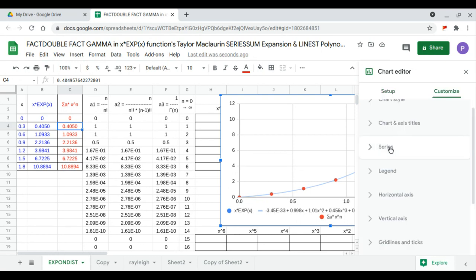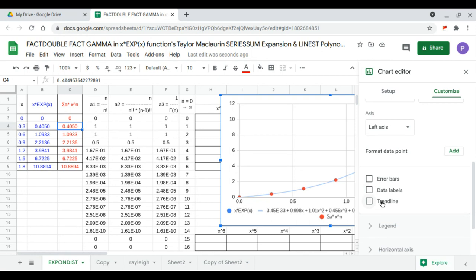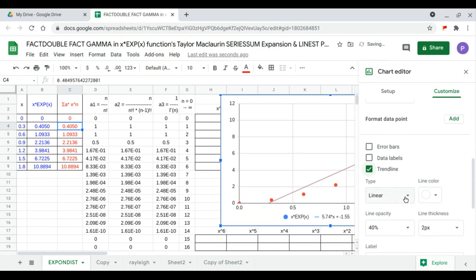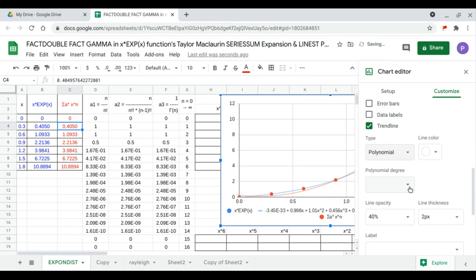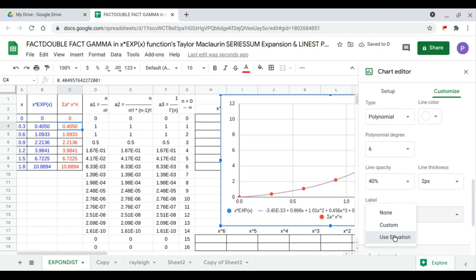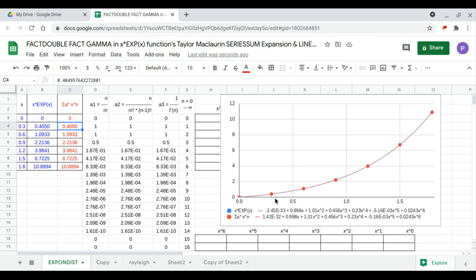Customize. Series. Trend line. Polynomial to the 6th degree. And use the equation as label. And here you have the trend line, all in the same loop, all collinear.